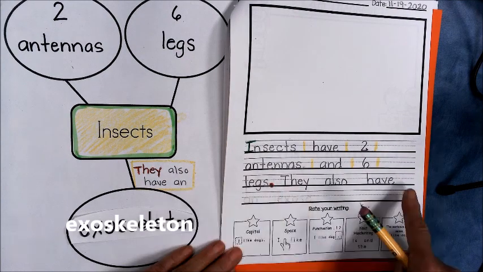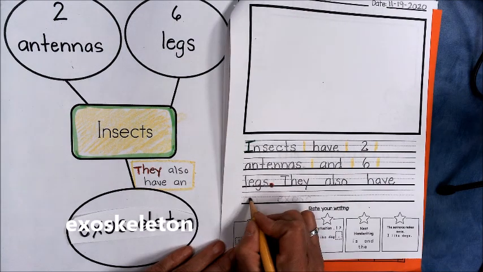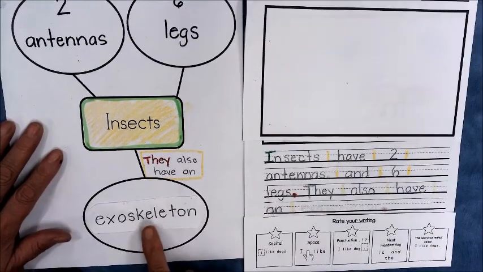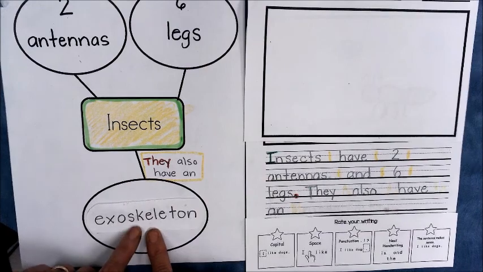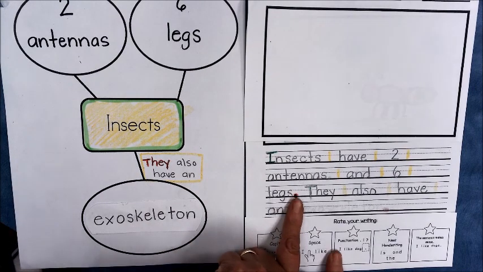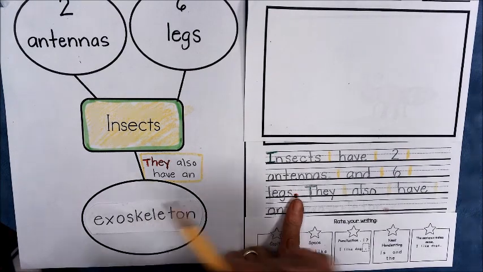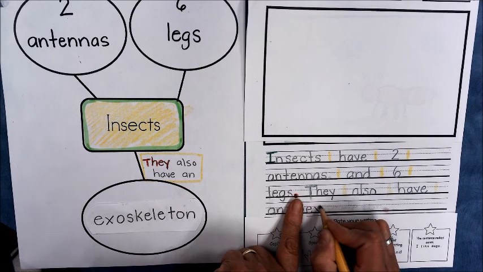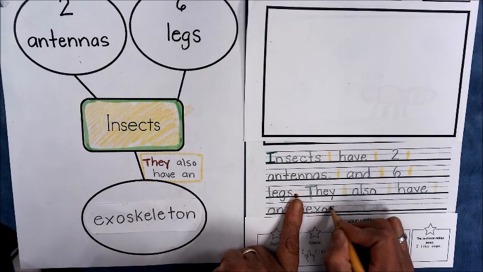and I don't have room, so I'm going to come down here, A-N, and exoskeleton. Ooh, that's a very long word, but I know we can fit it in there, and you can copy it right from your map, or you can copy it right from my writing over here.